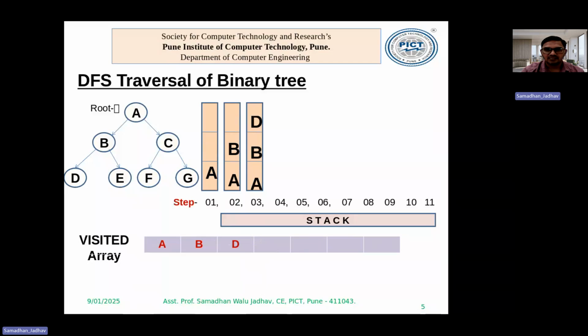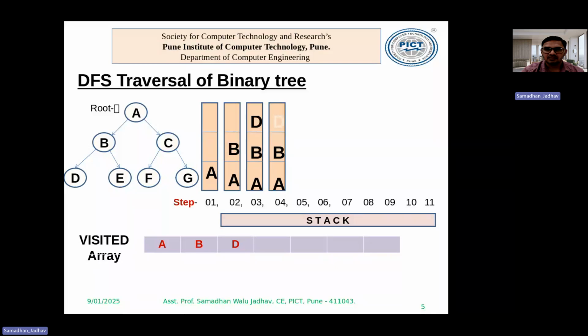Now in the next step, the node on top of the stack is D. As D is a leaf node, it does not have any children, so we pop D from the stack. Now B is on top of the stack. Check whether B has any unvisited children. Yes, B has E, which is unvisited.